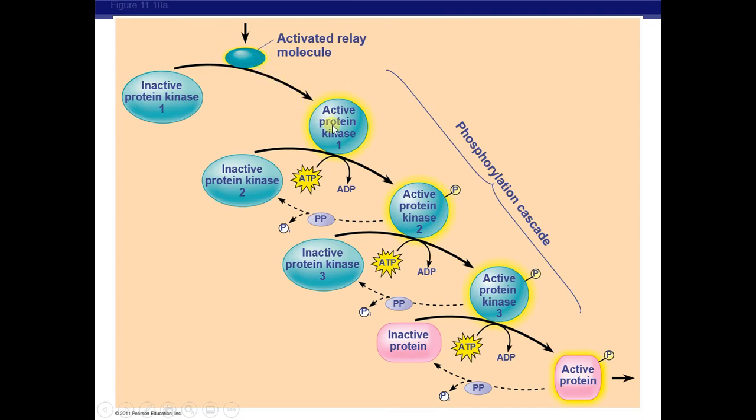So that phosphorylation cascade, one phosphorylating the next, activating the next, all the way down the line, will go until the last protein that has been phosphorylated or activated is the one that will actually perform the cellular response.